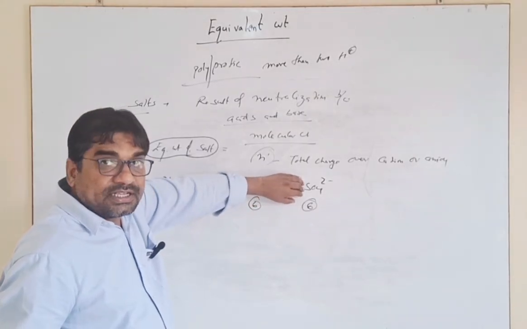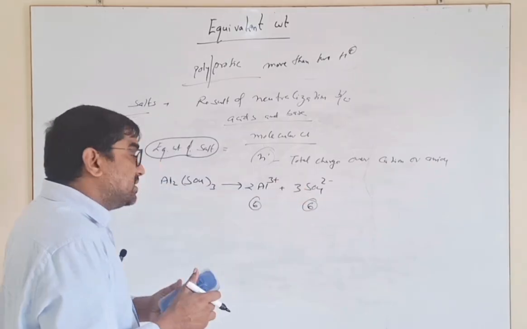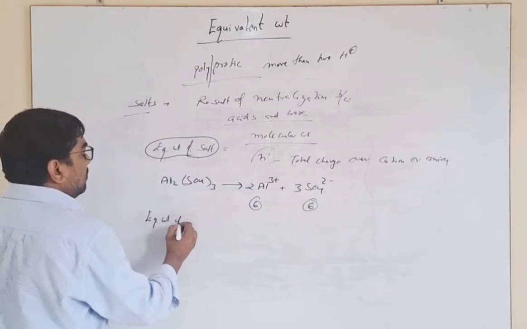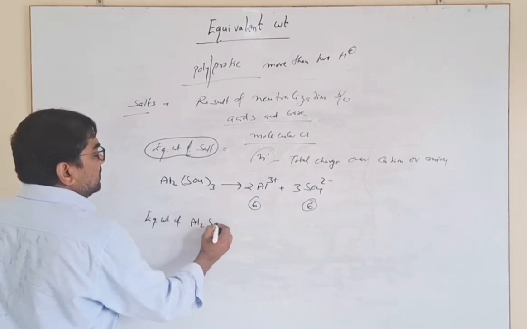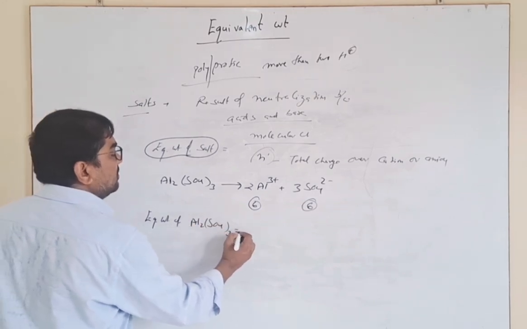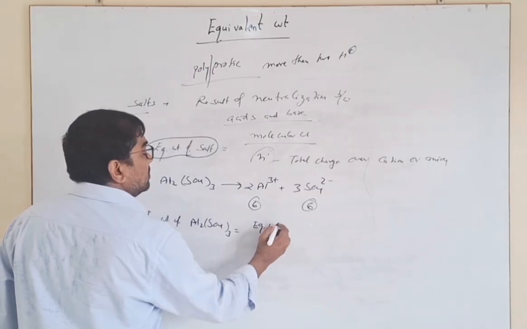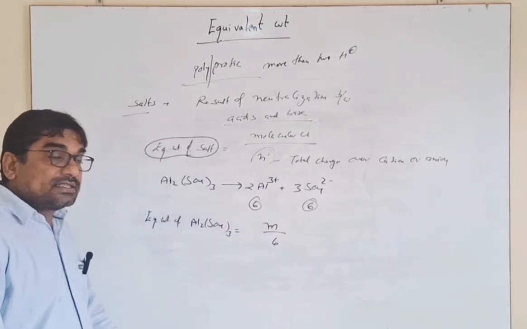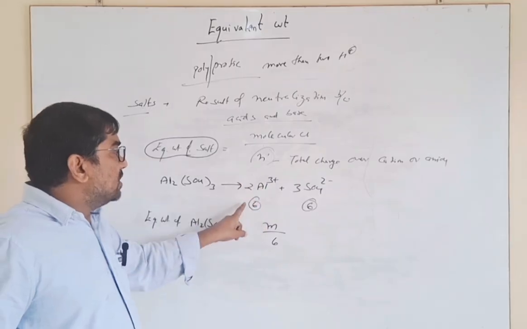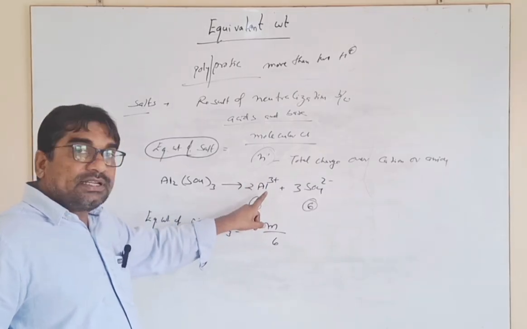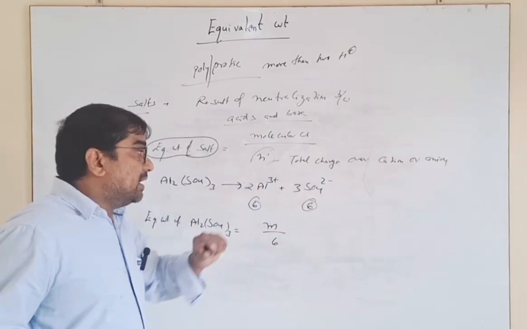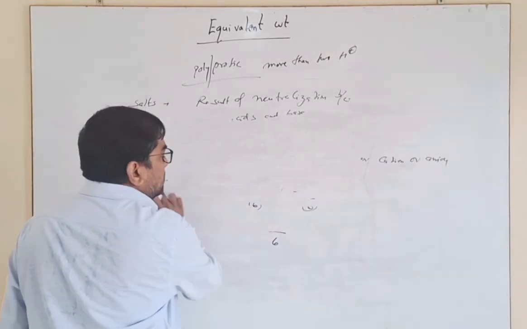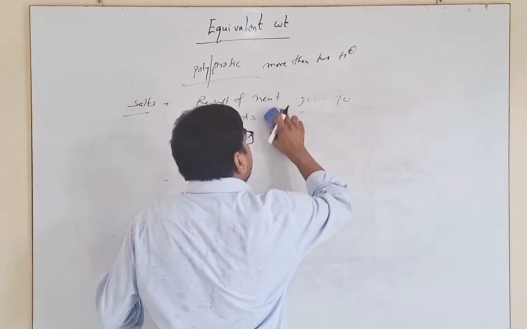One ion of sulfate has 2 charge, so 3 ions have 6 charge. Therefore, the equivalent weight of aluminium sulfate, Al2(SO4)3, will be its molecular weight divided by 6. Total charge over anion, whether it is cation or anion. So this is the equivalent weight related to salts.